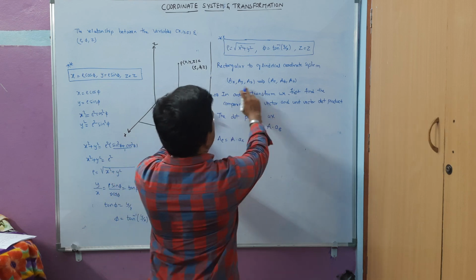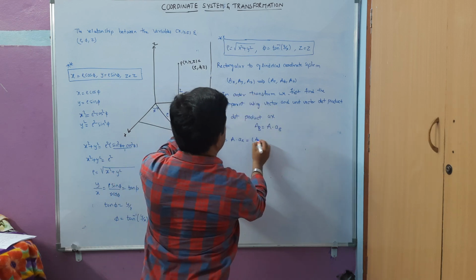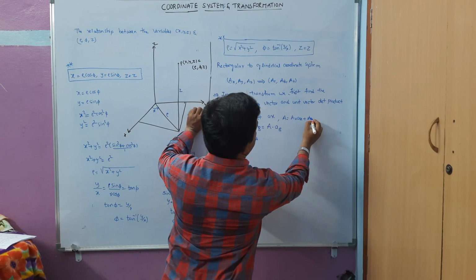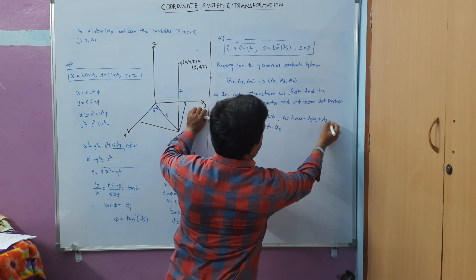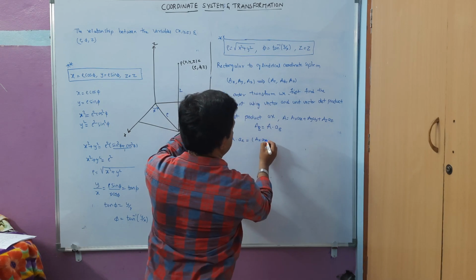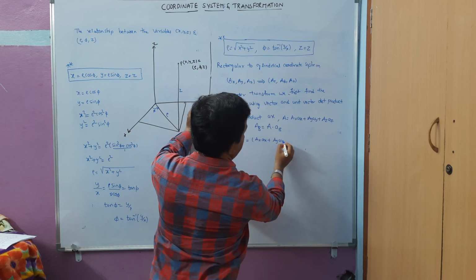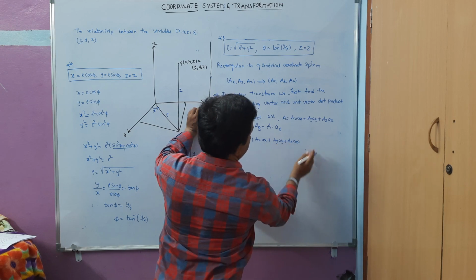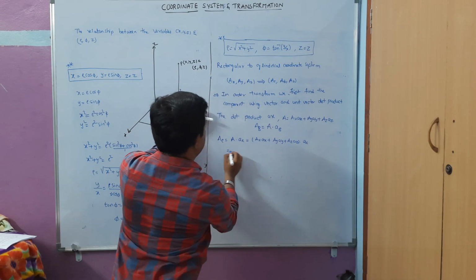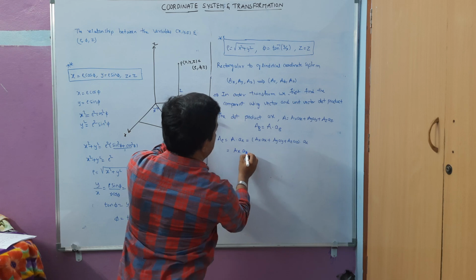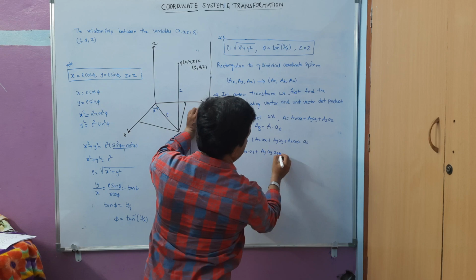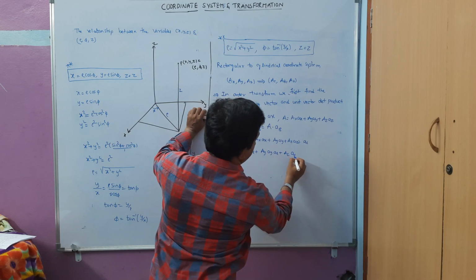Here A is equal to ax plus ay plus az. Now I will take the dot product with a rho. So what I get here is ax into ax dot a rho plus ay into ay dot a rho plus az into az dot a rho.